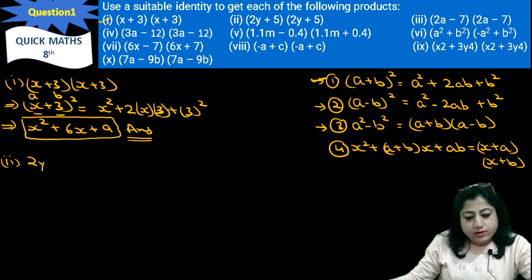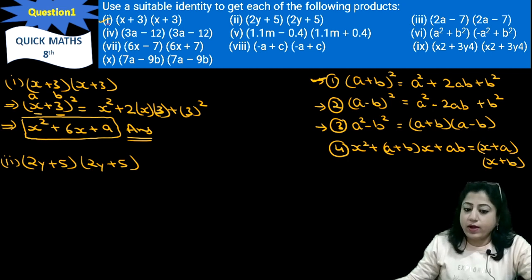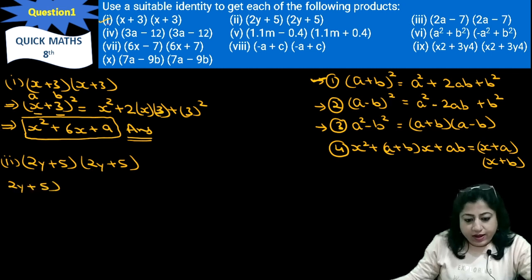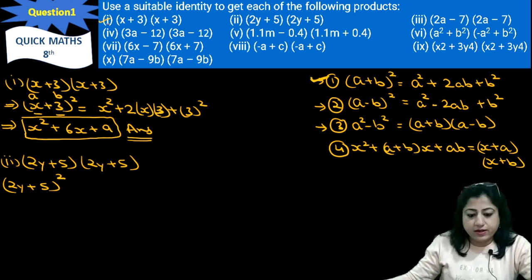The second part is (2y plus 5) and (2y plus 5). It is the same pattern as we have done in the first part. The same expression has been repeated twice, so it will be of the form (2y plus 5) whole square. So we will use the first identity here.